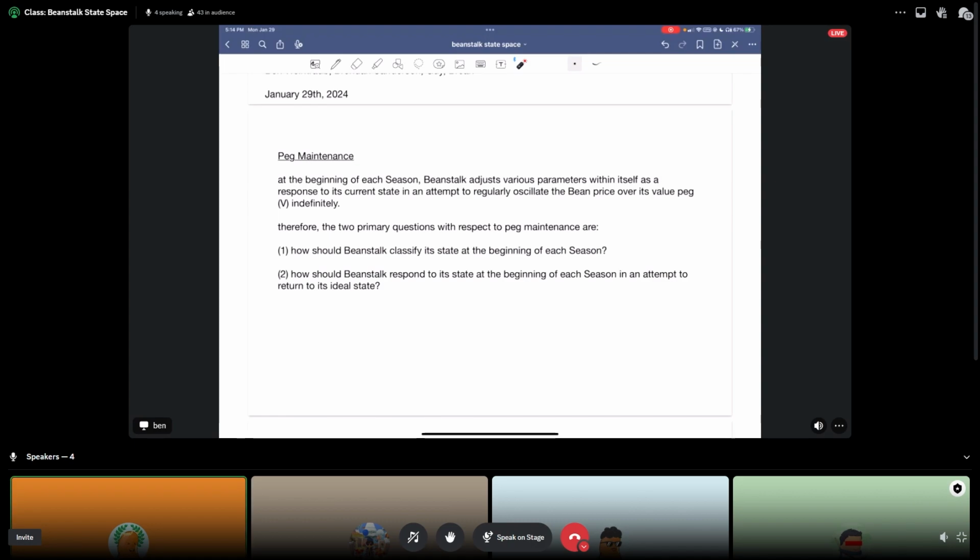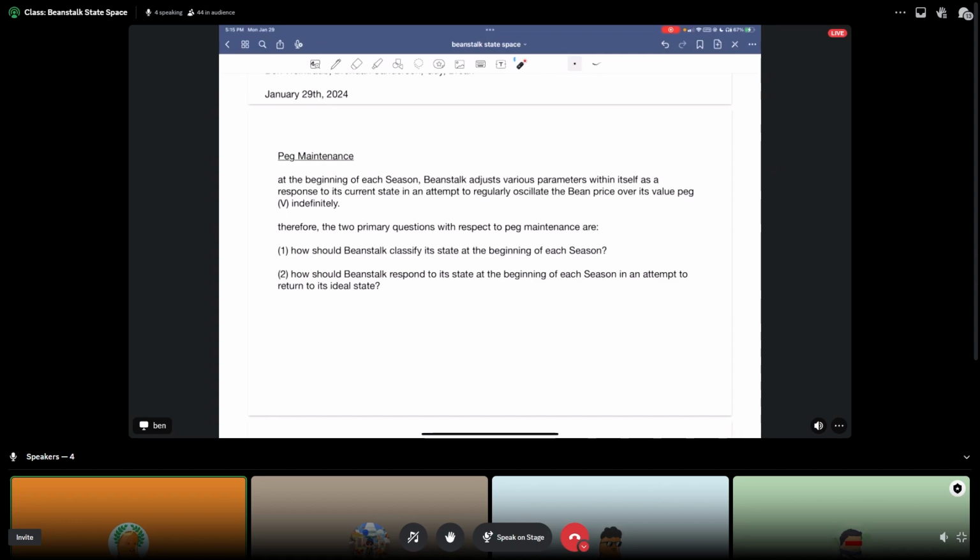And when Beanstalk is doing this, the question is, to what extent can it measure its own state and respond to it as appropriately? And obviously, a system as sophisticated as a stablecoin, in particular Beanstalk, has a lot of different moving pieces. So we're gonna talk about a lot of them today. But the two primary questions that Beanstalk asks with respect to peg maintenance are: one, how should Beanstalk classify its state at the beginning of the season?